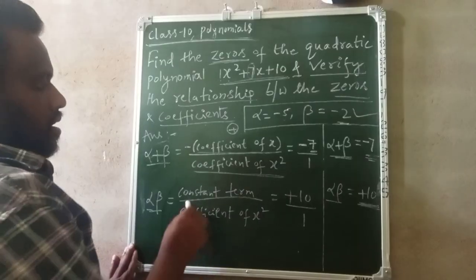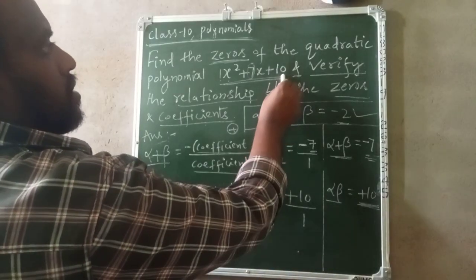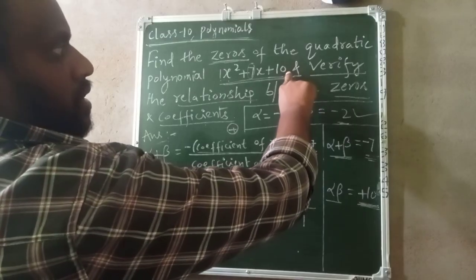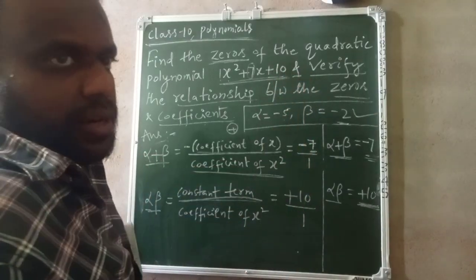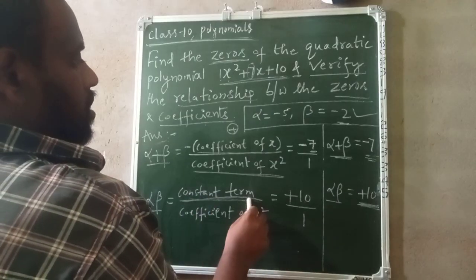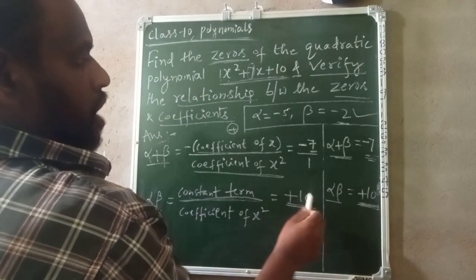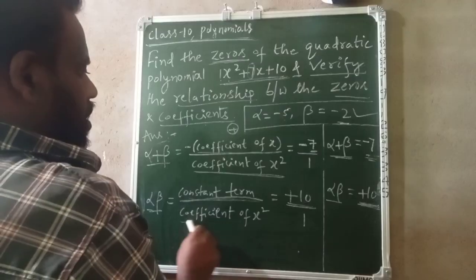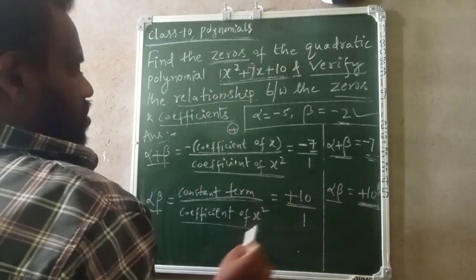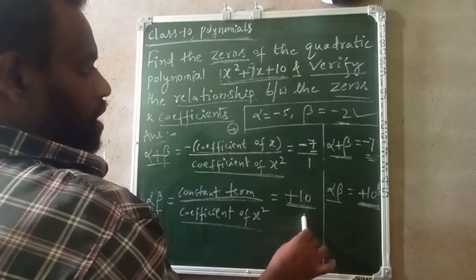Similarly, come here. Constant term. Constant term is this one, plus 10. See, here no variable. When there is no variable, that is constant term. Constant term is plus 10. So in place of constant term, we should have plus 10. See, we have plus 10. Next, coefficient of x square. I already said coefficient of x square is 1. So in place of coefficient of x square, we should have 1.